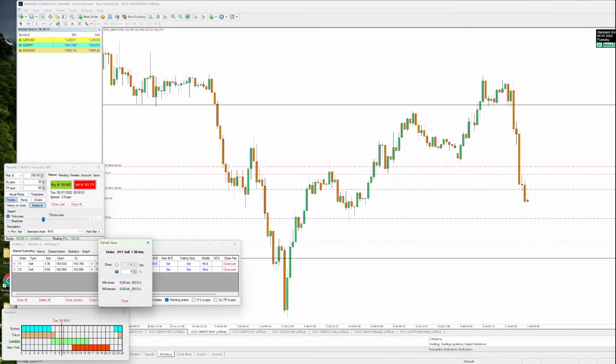Or 40. And move stops to break even, and let these trades run. If we get to run, we get to run. If we don't, we don't. Let's see if we can get to 1% here. 80, 86. No, we didn't get to 1%.